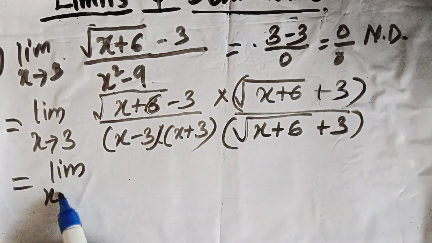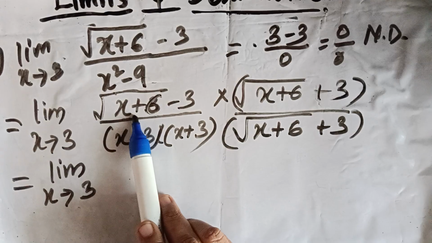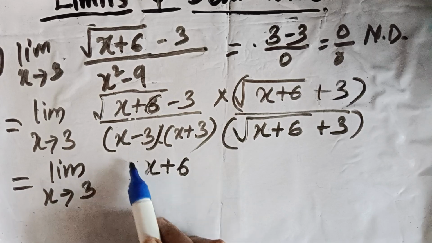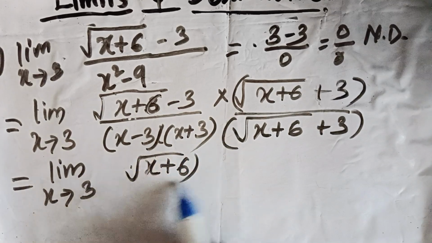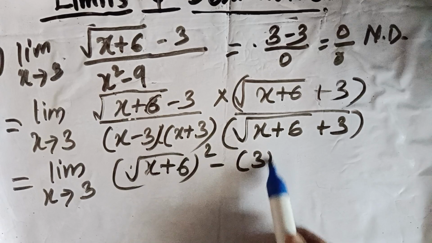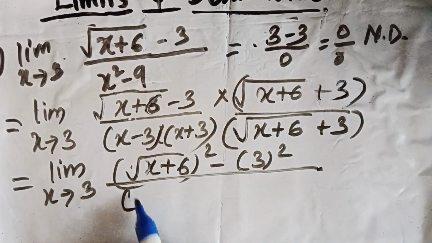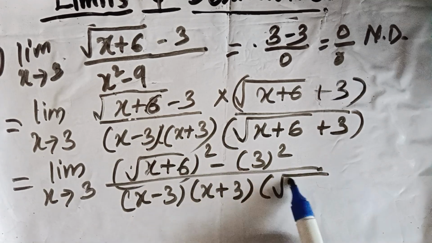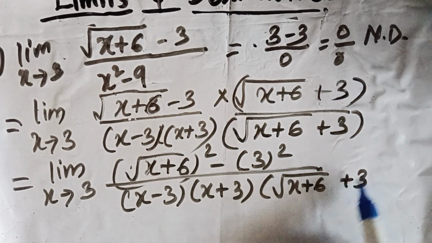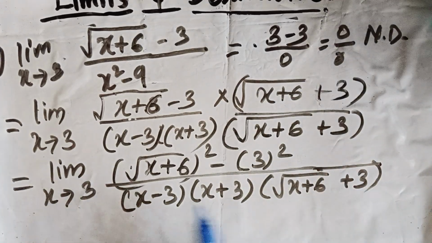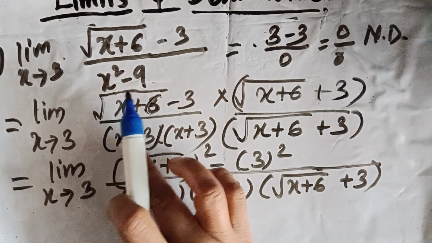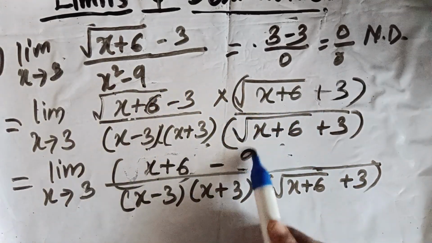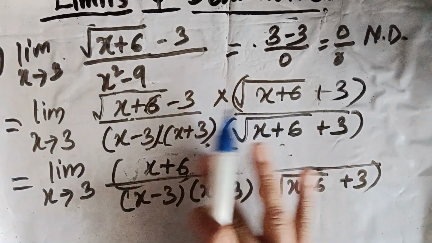So here using again a minus b, a plus b, so a square, root square minus 3 square upon this denominator. Okay. So this thing becomes x plus 6 and this is our 9. So 6 minus 9, minus 3.